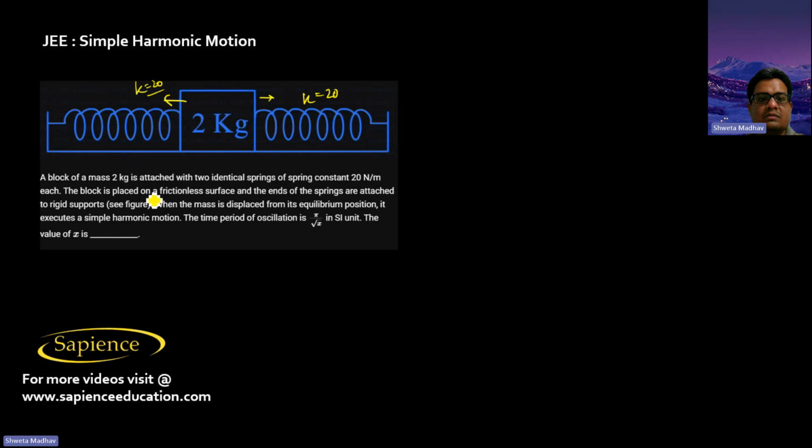The block is placed on a frictionless surface, and the ends of the springs are attached to 2 rigid supports.